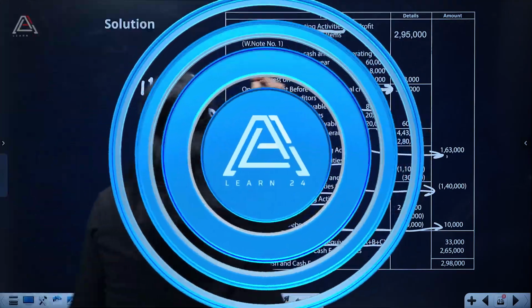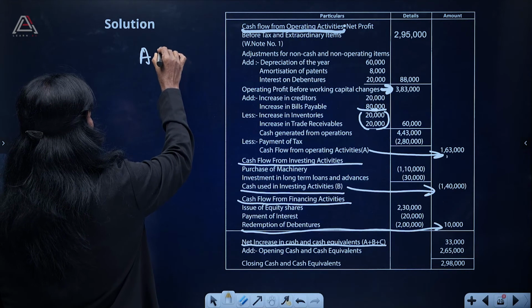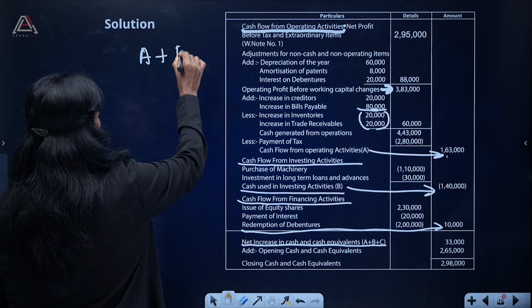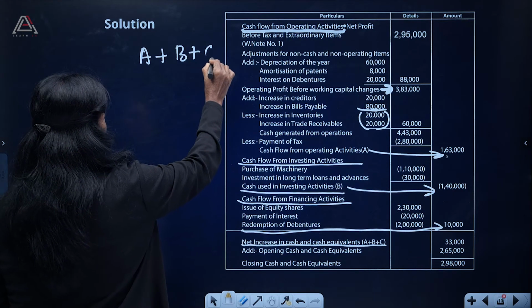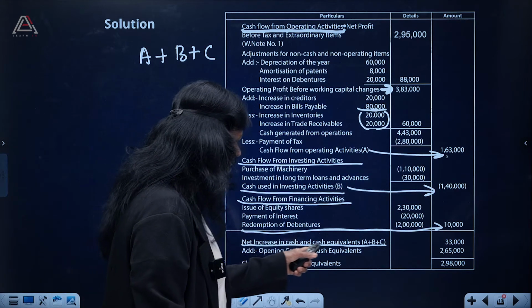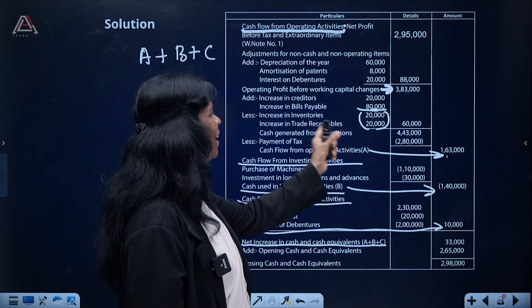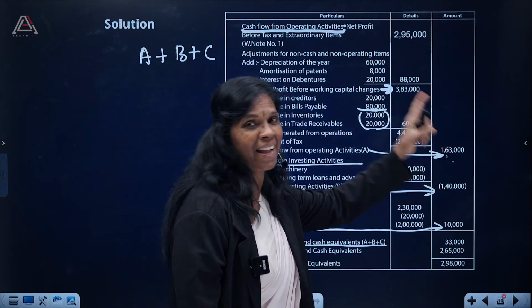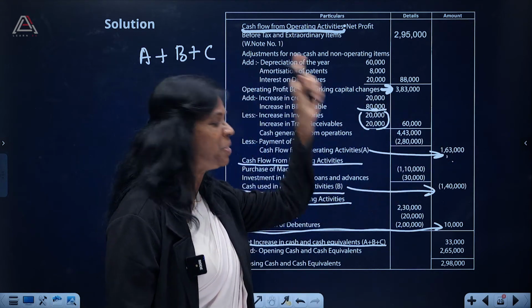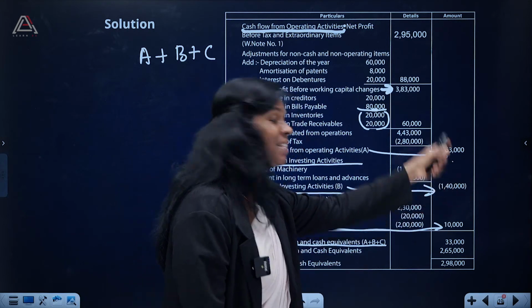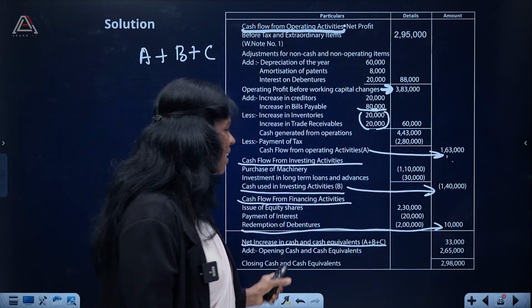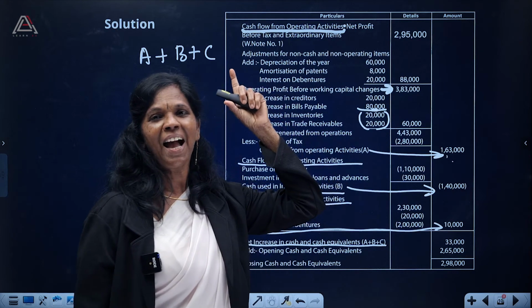That is A plus B plus C. What is A? Cash from operating activity. What is B? Cash from investing activity. What is C? Cash from financing activity.